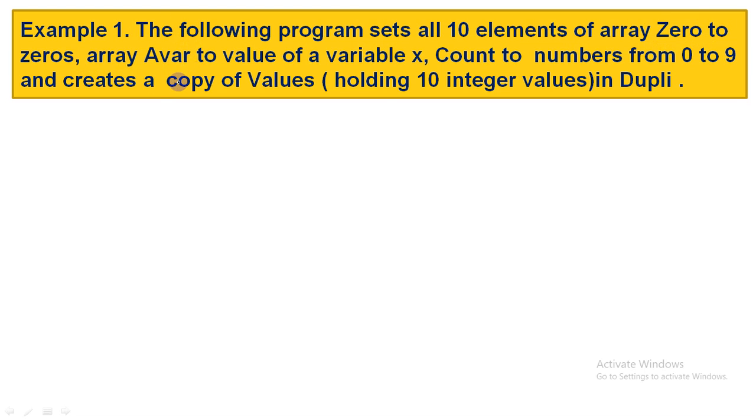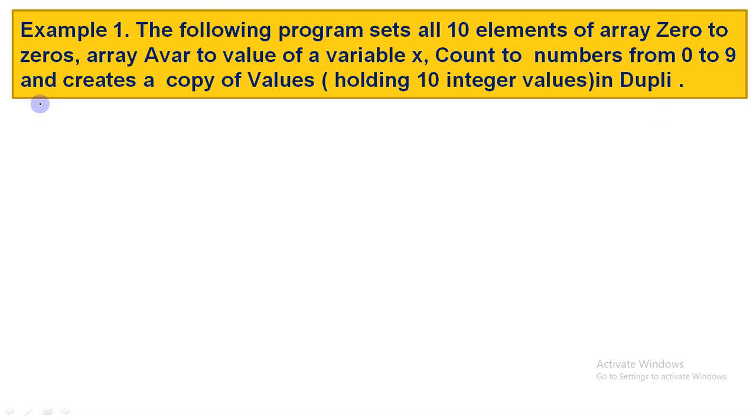A variable is the name of an array which contains a variable value. Count is an array name which contains numbers from 0 to 9. Values is an array consisting of 10 integer values, maybe different integer values, and these values will be duplicated in another array called duplication.